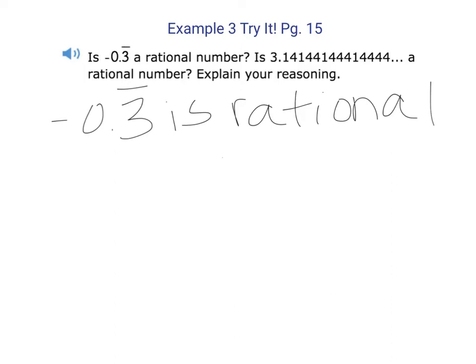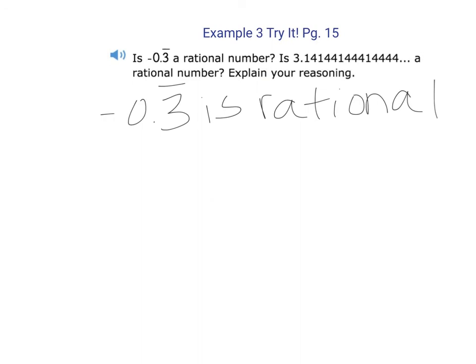Okay? So if we look at the next question, it says, is 3.14, 144, 1444, and 14444, which means it's not terminating, it's going on and on, a rational number? Okay, you're probably thinking, yes, it's rational because it repeats. In order for it to be rational based on repeating, the same thing has to be repeating. So the same amount of 4s would have to be repeating.